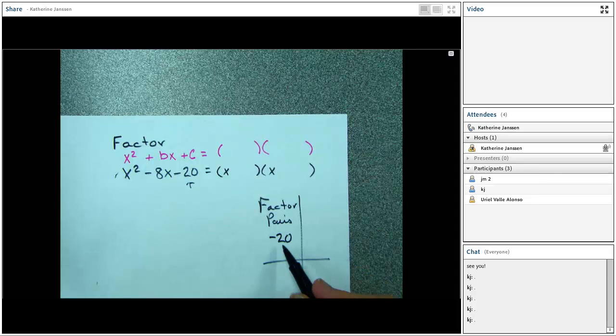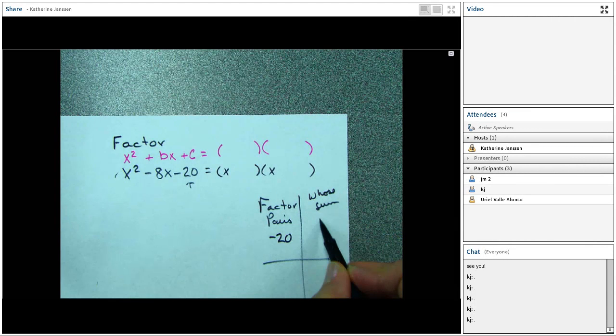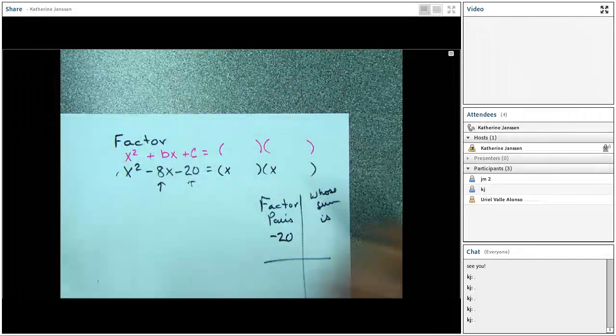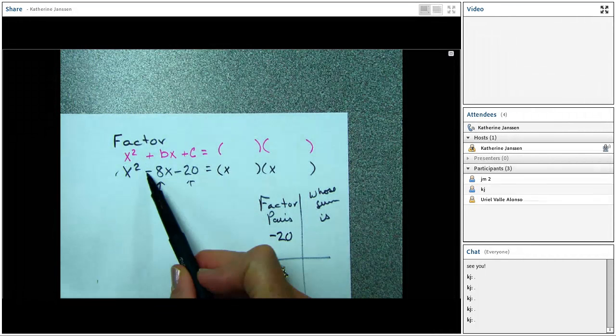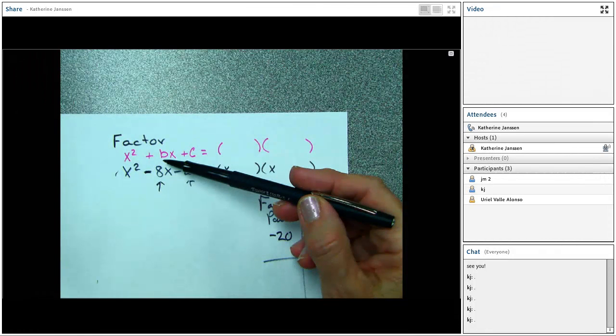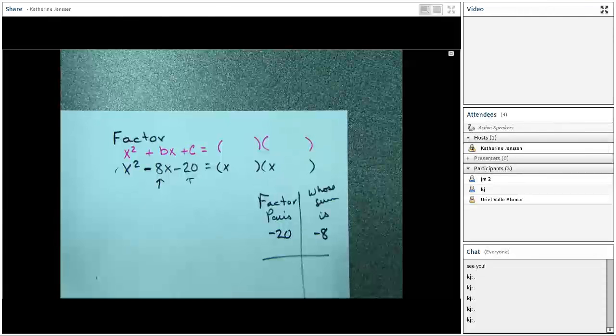We're looking for factor pairs of our constant, which is negative 20, whose sum is the coefficient on the middle term, which again, we should be comfortable now to recognize is plus the opposite, so it's a negative 8 as a coefficient on the middle term.